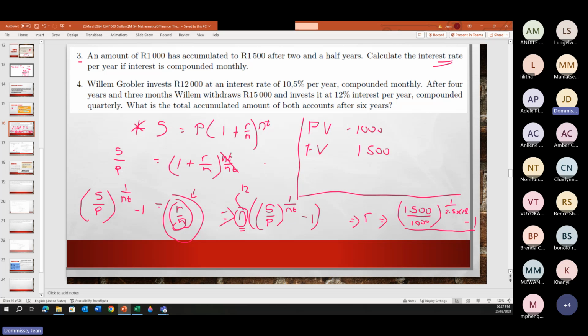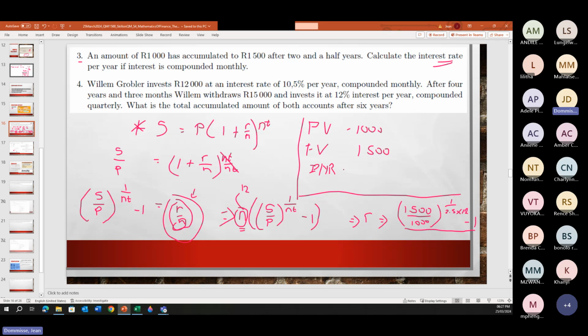You then need to change, and sorry, it's your times per year, so it might be a bit different on the different calculators.